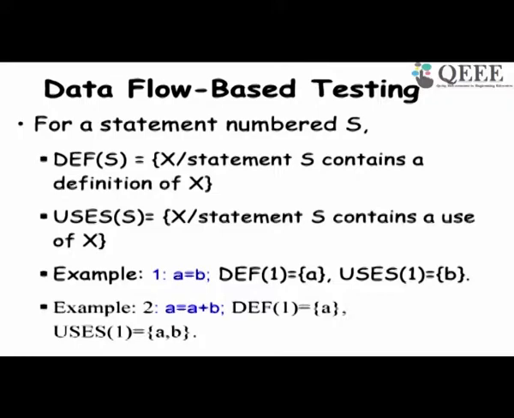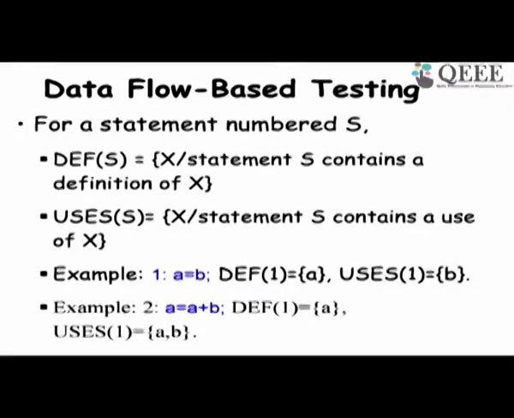Given a statement S, we can identify the variables that are defined there. This is the set of all x such that x is defined in the statement S. For example, a = b is a statement. So a is defined in this statement. We write def(1), where 1 is the statement number, equals a.